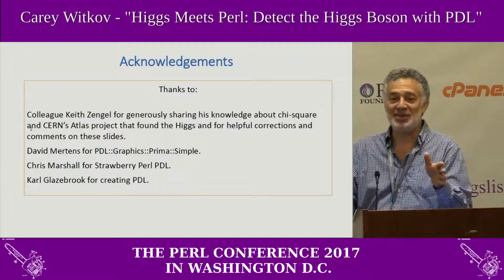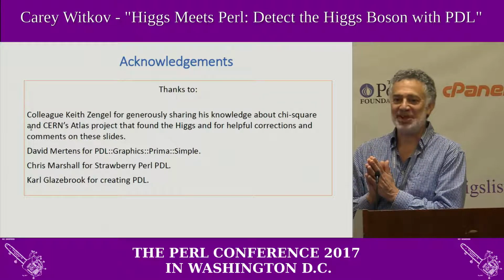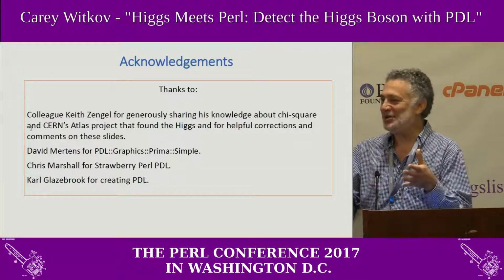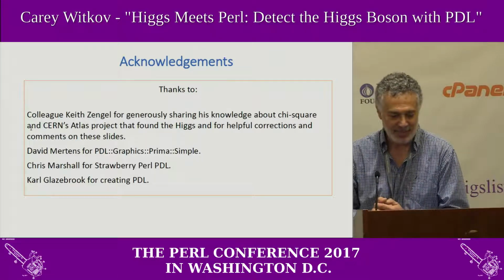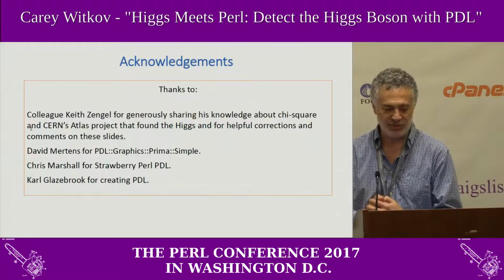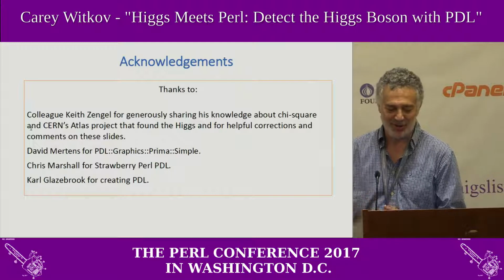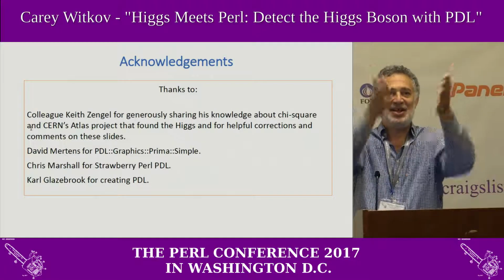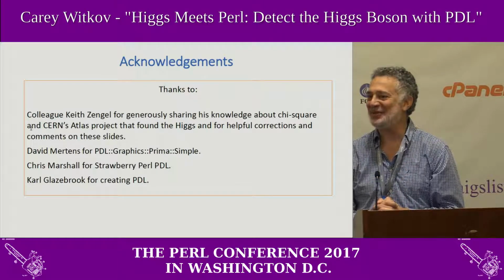Forgive me, newcomer to this all, and I'm looking forward to David's talk in a couple of days on writing computational software in good manner. And Chris Marshall for PDL, which I'm using in the Strawberry Perl environment, and also Karl Glazebrook for creating PDL, and of course Mr. Wall for Perl itself.